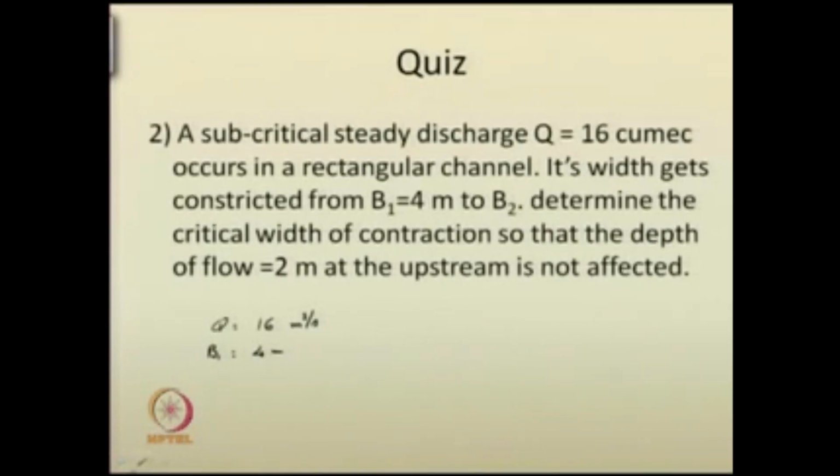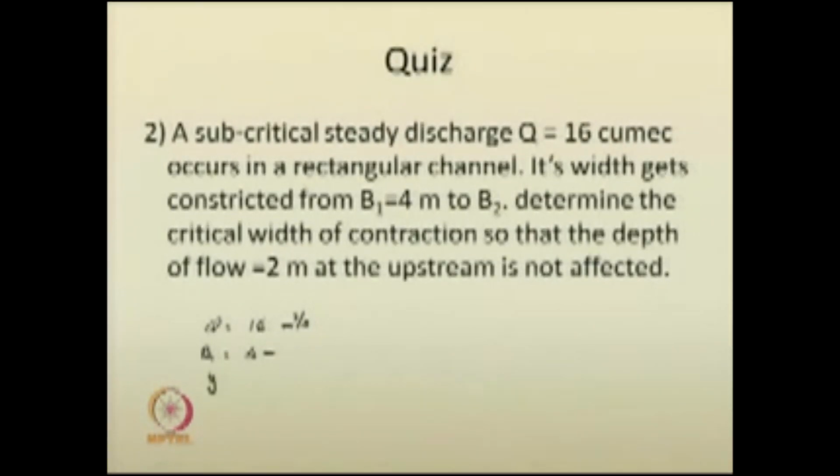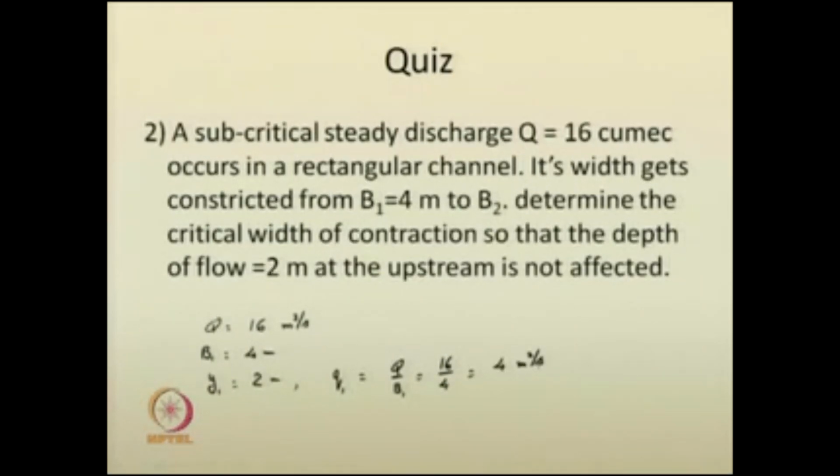B 1 is equal to 4 meters, it is given. The depth of flow at the upstream section is 2 meters. So, you have discharge per unit width q equal to 16 by 4, that is 4 meters squared per second.